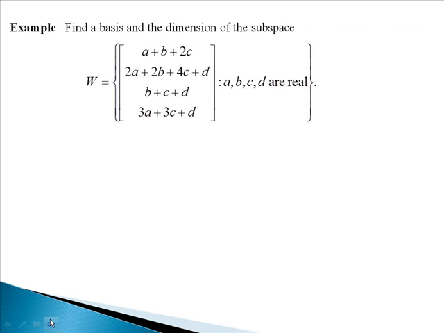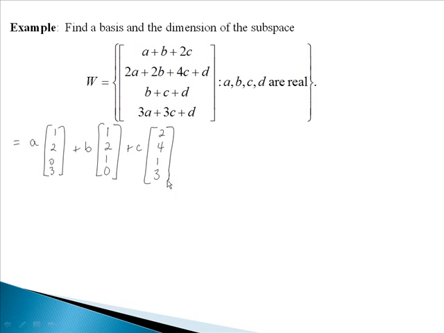So in this example, we want to find a basis and the dimension of the subspace given here. So the first thing we're going to do is separate this out, grouping our a, b, c, and d terms together. So I'm going to factor out a, and I have the vector 1, 2, 0, 3, plus b times the vector 1, 2, 1, 0, plus c times the vector 2, 4, 1, 3, plus d then times the vector 0, 1, 1, 1.